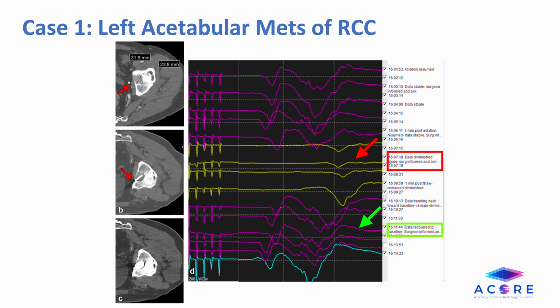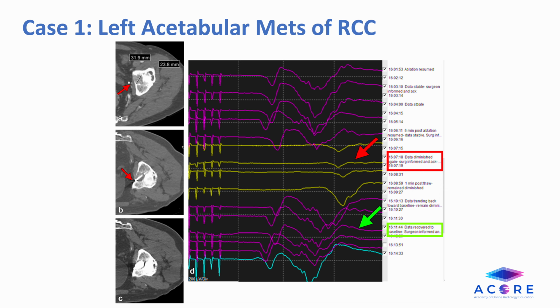In image A, pre-procedural enhanced imaging demonstrated the 3 centimeter renal cell carcinoma in the left acetabular region, and in image B, intraprocedural CT image with the patient in a prone position demonstrated the placement of the cryoablation probe and its proximity to the obturator nerve, also shown by the red arrow. Final CT image demonstrated the cementoplasty after the ablation.